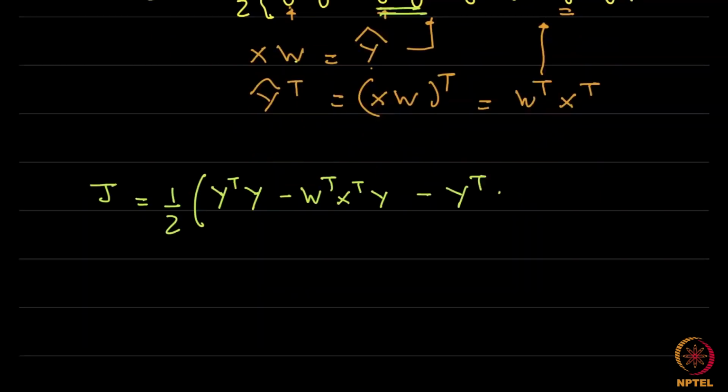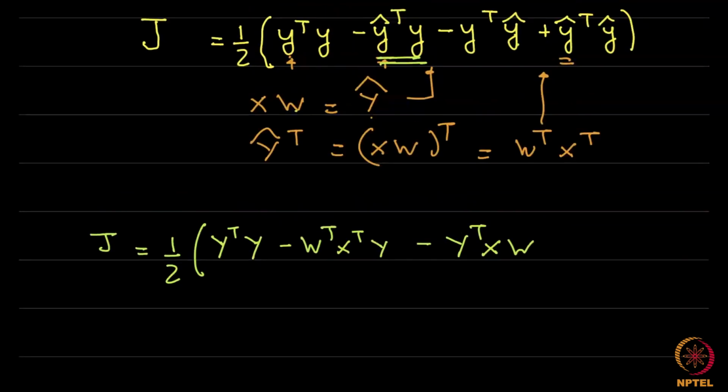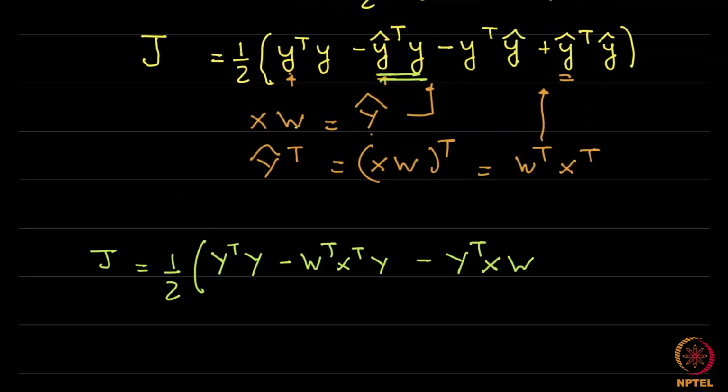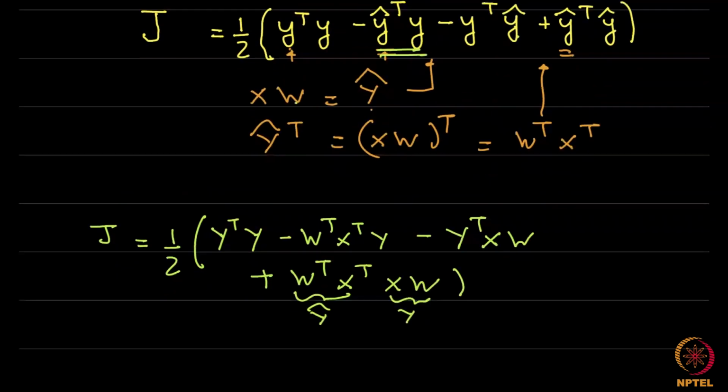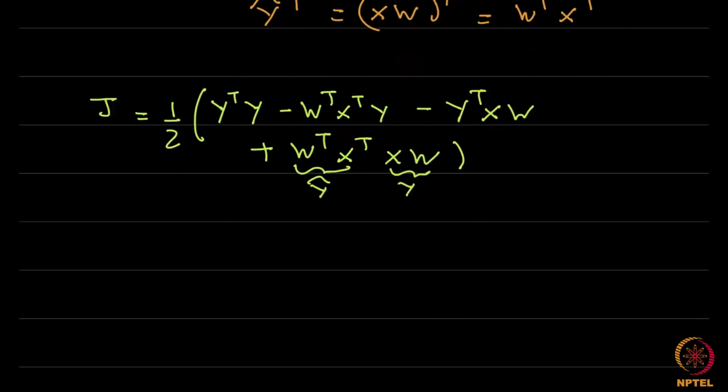And the final term is Y hat transpose Y hat, which becomes plus W transpose X transpose XW. So remember, this is Y hat, this is Y. So this is what we wish to minimize.